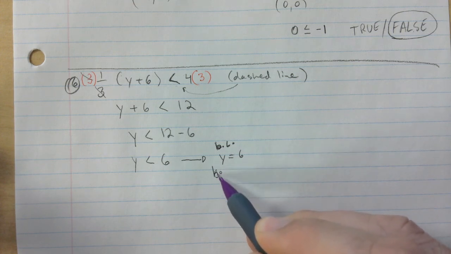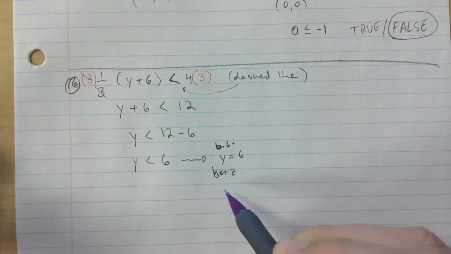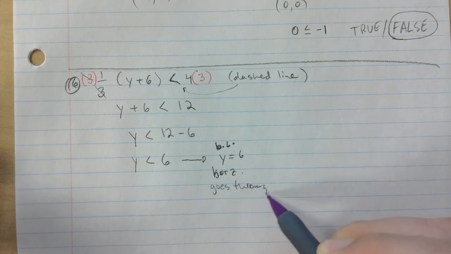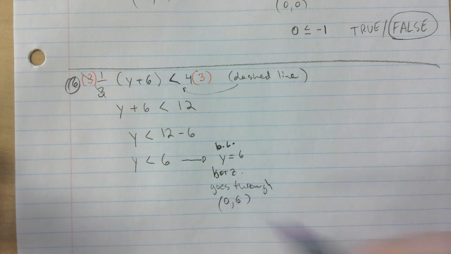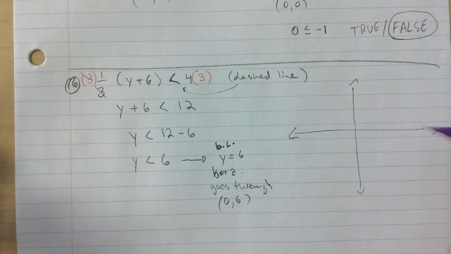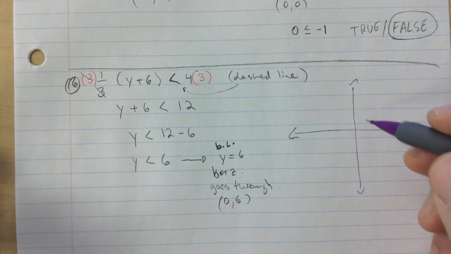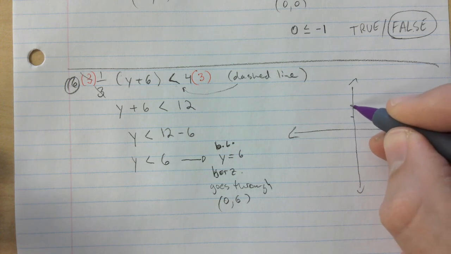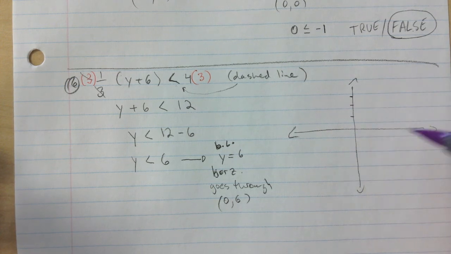We know that's a horizontal line, goes through 0, 6. So we're going to graph it here. I'm going to have a scale of 5 or maybe 2, 4, 6. And just for now, I'm just going to leave it like that, right?